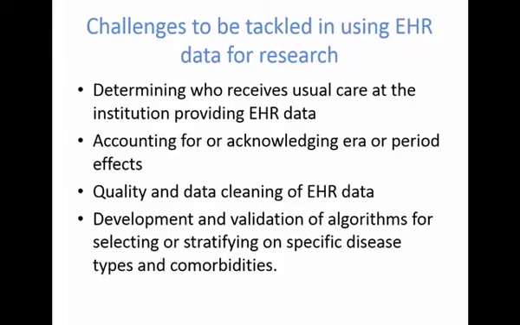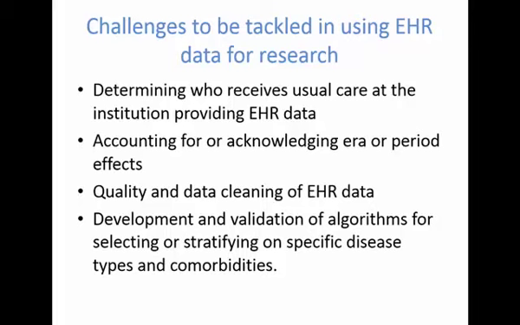Some of the challenges with EHR research are determining who receives the usual care at the institution that provides the EHR data, something that's termed, and we'll talk about later, catchment area, or the population of interest. So we'll come back to that later. Also, accounting for or acknowledging area or period effects.